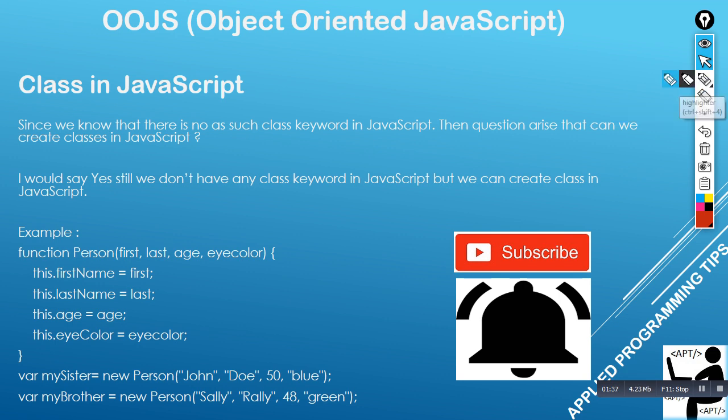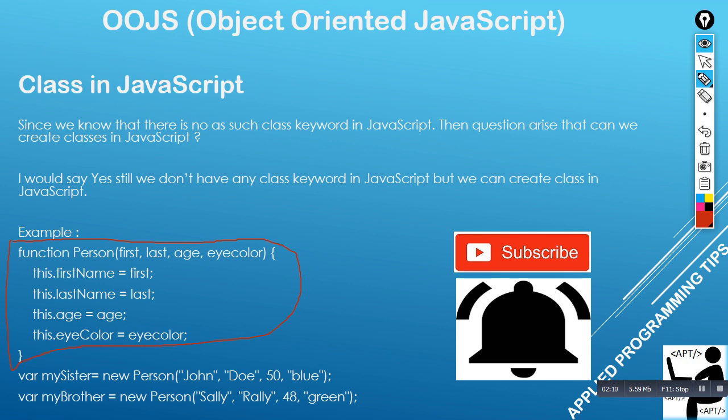See, this line of code is sufficient for creating the class prototype, the class in JavaScript. You just write function, the name of the function, and the parameters. This technique is called a parameter constructor.